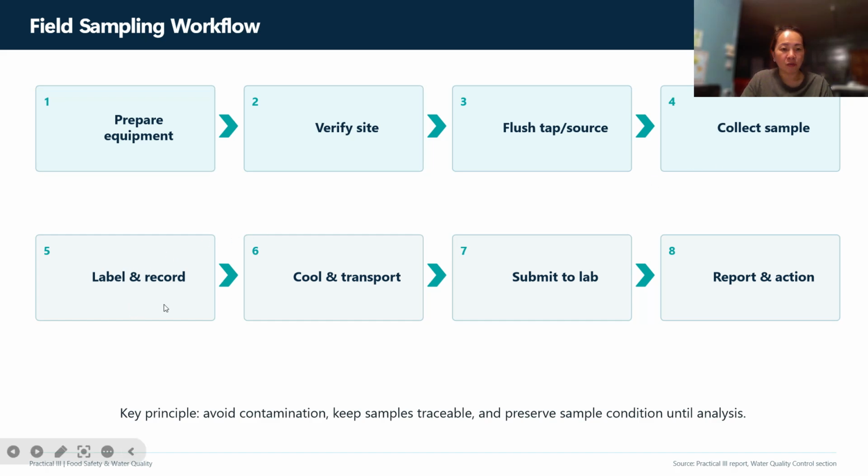After collecting, the sample must be labeled and all information recorded. The sample is then stored properly in the cooler box and transported to the laboratory. The main principle is to avoid contamination, maintain traceability, and preserve the condition of the sample until analyzed.